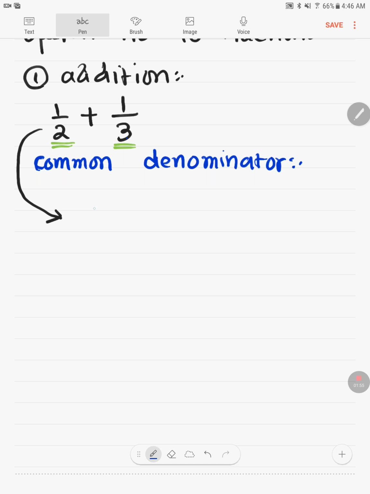So 2 times 3. So the first one and the second one. Now what goes on the top?